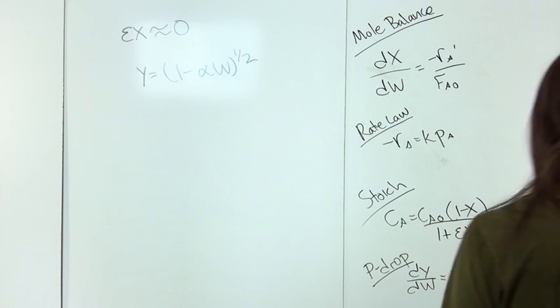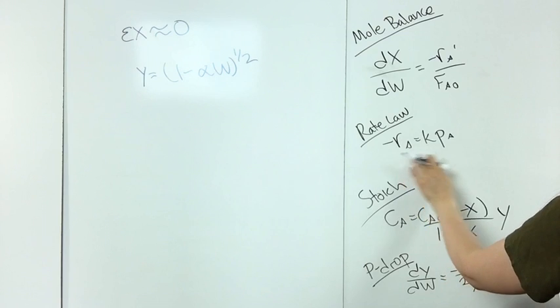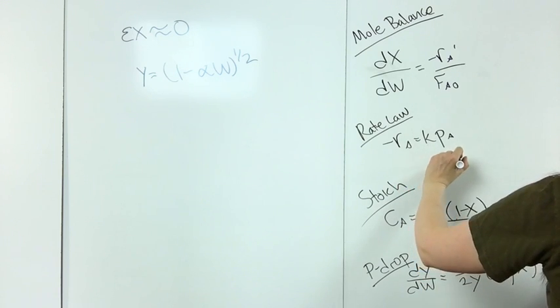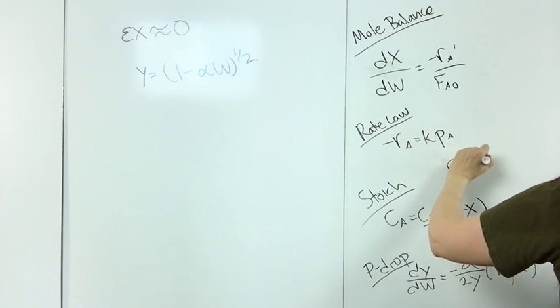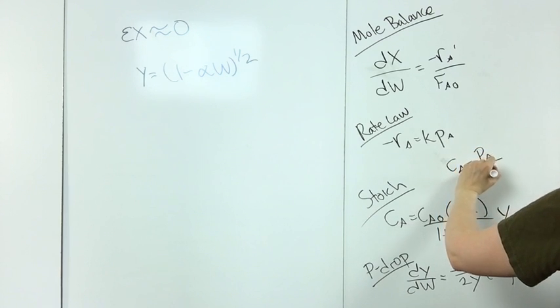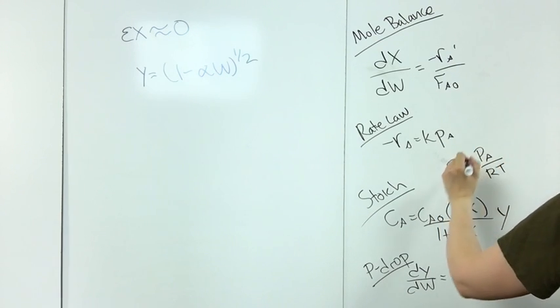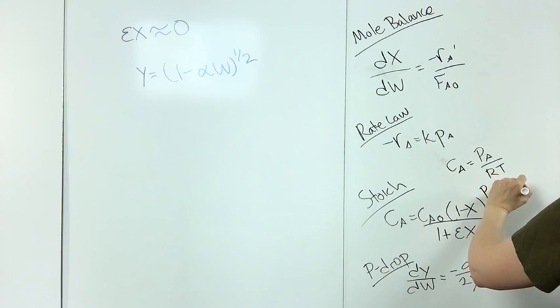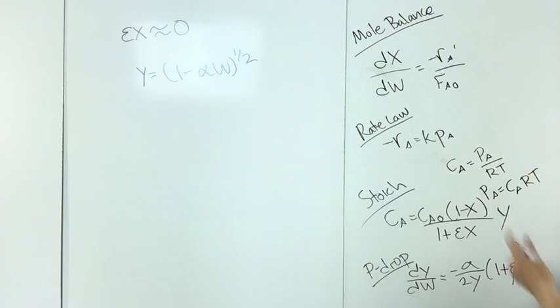Our rate is in terms of partial pressure, but this is in terms of Ca naught. So we can say Ca is equal to Pa over RT, so Pa is equal to Ca RT.